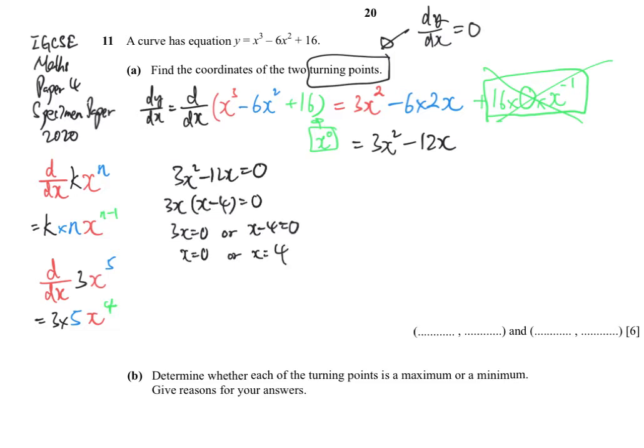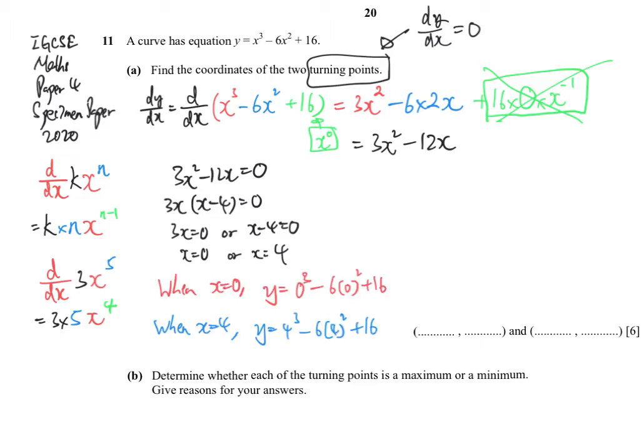But we didn't end here, because we need to find the y value. So the turning points must be at x equals 0 or at x equals 4. So we substitute the x into the original equation to get the points. When x is equal to 0, using the calculator, y should be equal to 16.